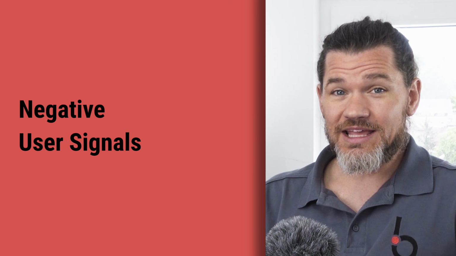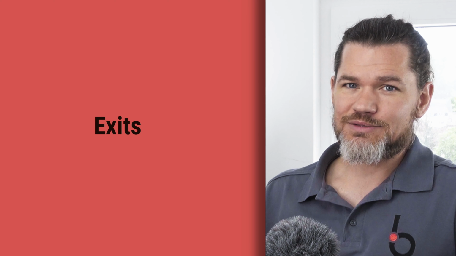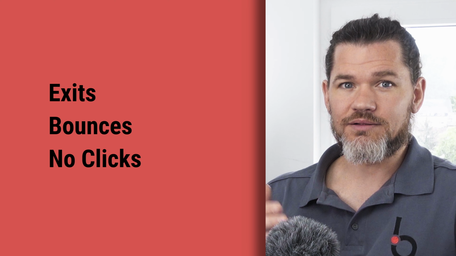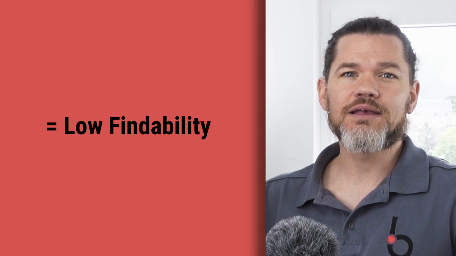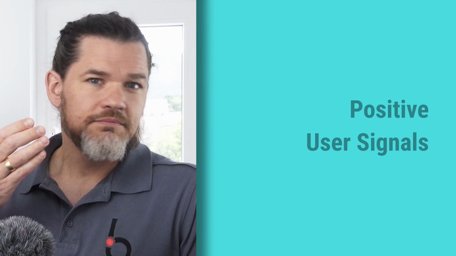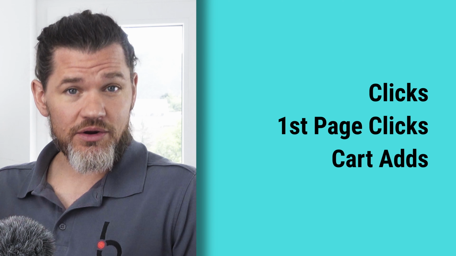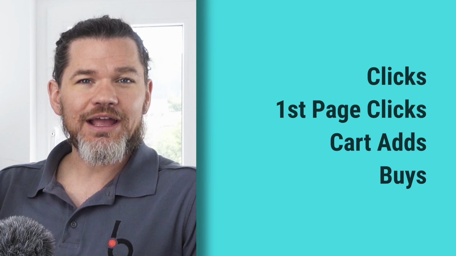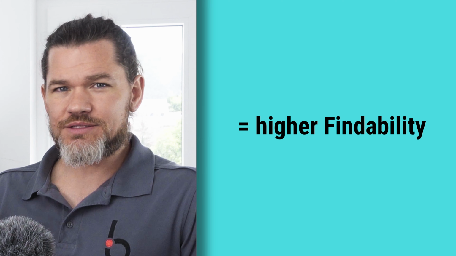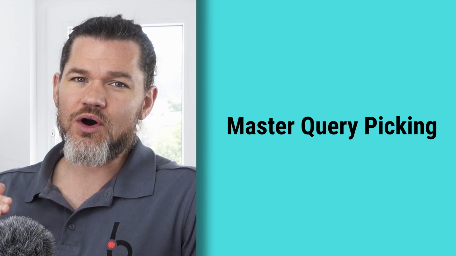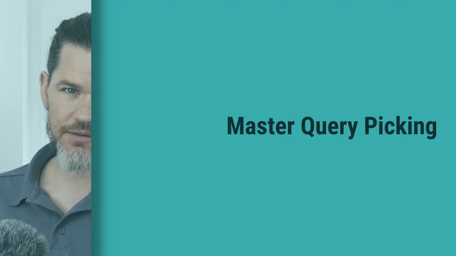Searches with more negative user signals like exits, bounces, no clicks, and long search paths receive a lower findability score. Searches, on the other hand, with more positive user signals like clicks, rate of clicks on the first page of results, add to carts, and buys receive a higher findability score. This score is foundational for what we call master query picking.